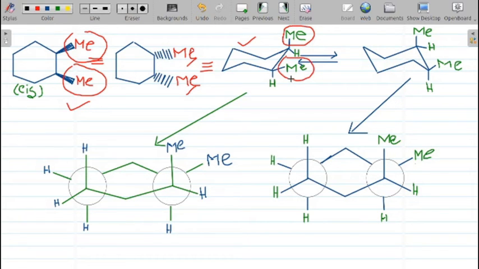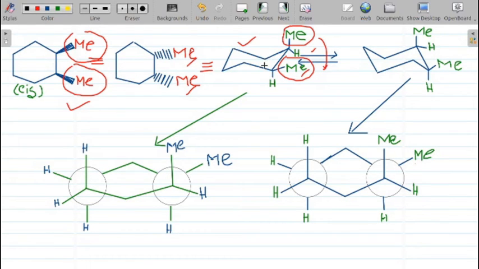A ring flip will occur, and after the ring flip this axial methyl group becomes equatorial, and this equatorial methyl group becomes axial.